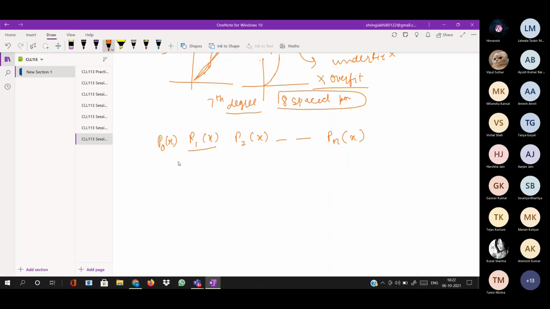Here I'll explain how to use it. What is P naught x? It's definitely 1. Everyone agrees that the zero degree polynomial is 1.